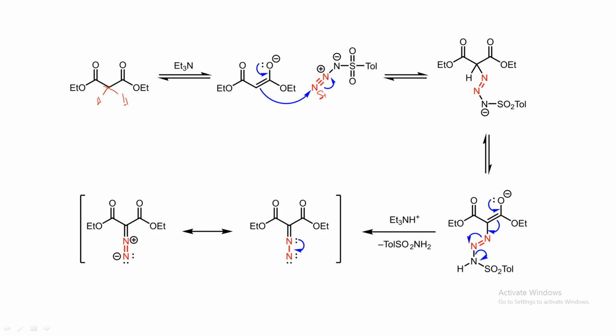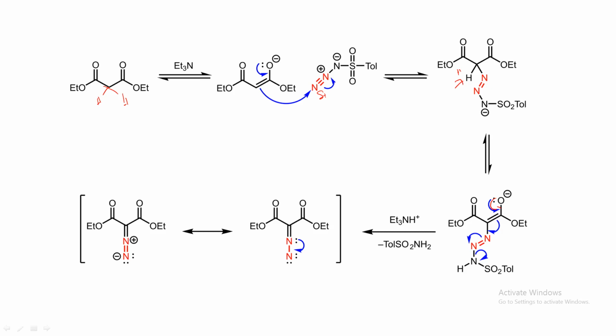Now we need to do just some elimination to have this. So what they have done, in the presence of basic condition, this is an acidic proton which can be removed, and again we can form the enolate. Now when we form this particular enolate, this and this come here, with this kind of mechanism.